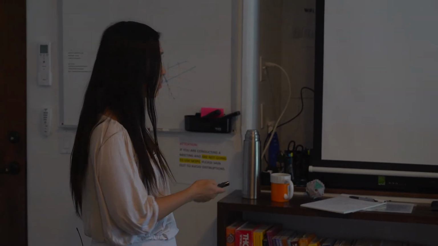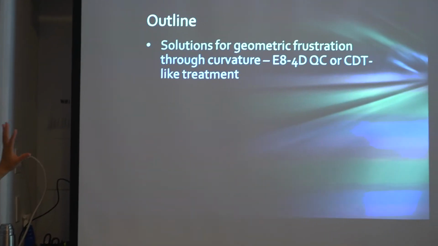So it's the curvature that resolves or expresses the geometric frustration, making it a perfectly tiled space. There's no gap, no twist, no anything. Right? So I'm not going to talk about that.